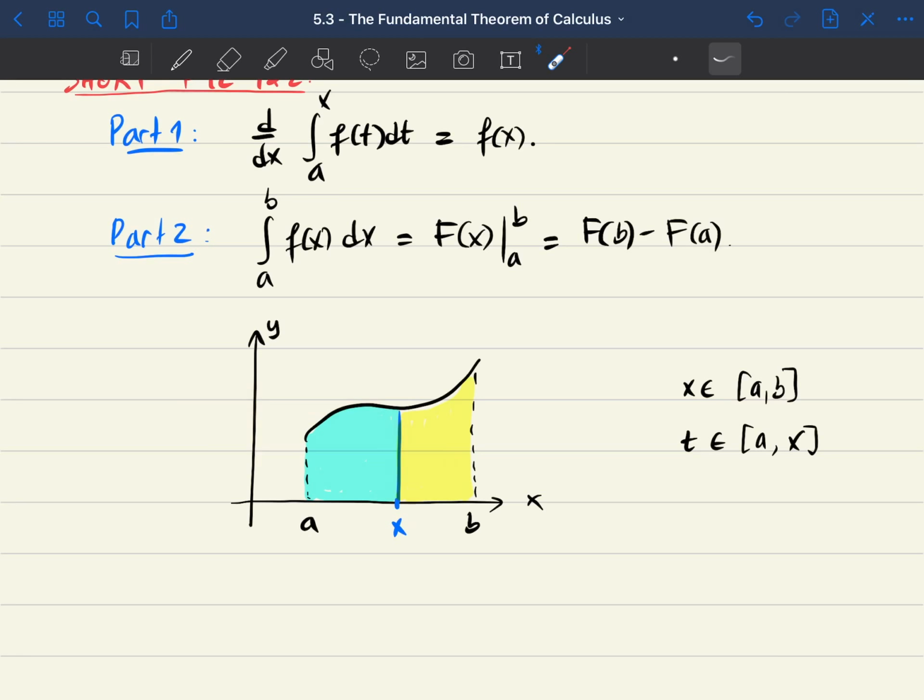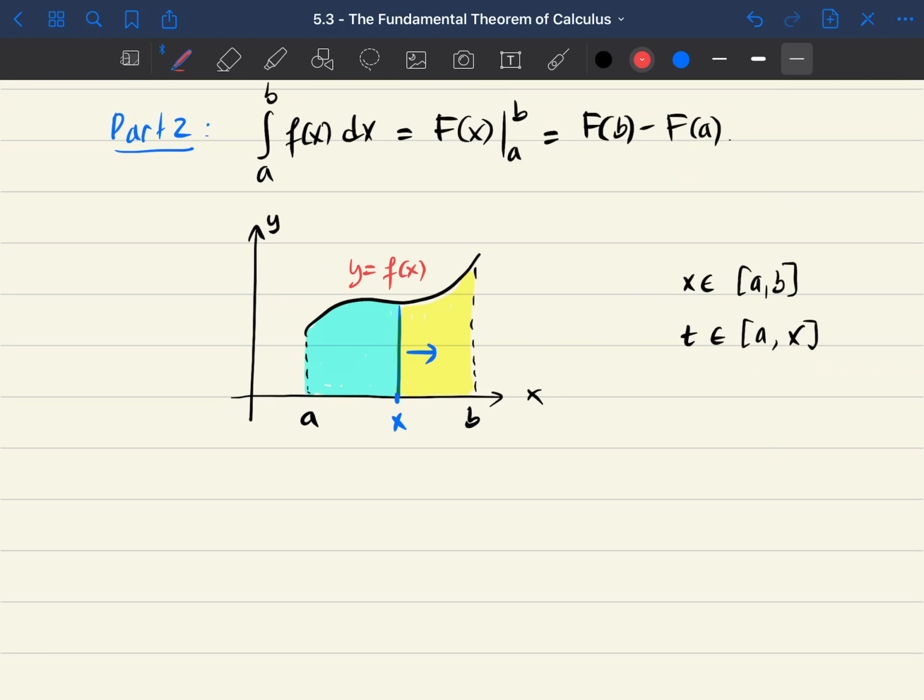So as x moves to the right or to the left, then the rate of change of the blue area is equal to the value of the function f at x. Okay, so maybe I should also say that this function here is the function f.